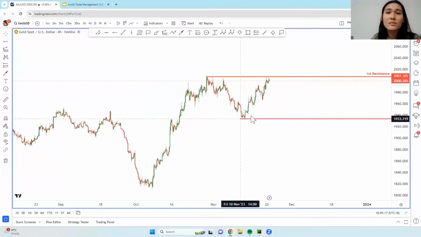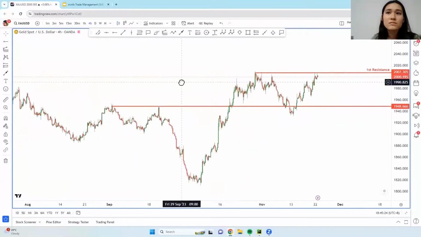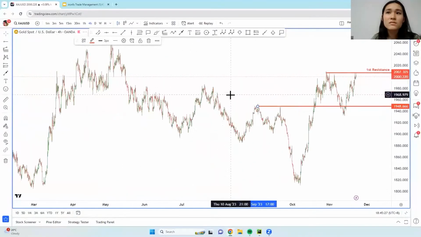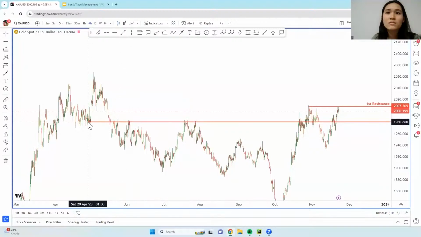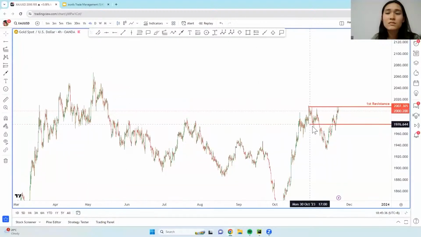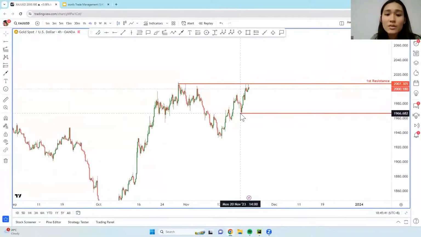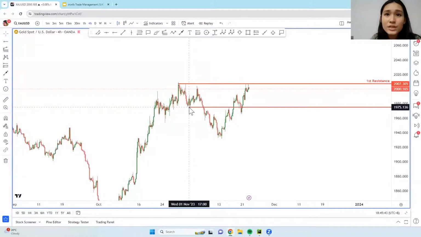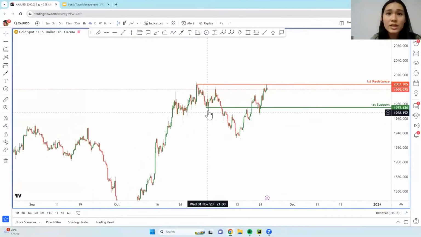And then I think I will place my first support over here. This is an overlap level as well. We have a swing low here and a swing high here that line up.